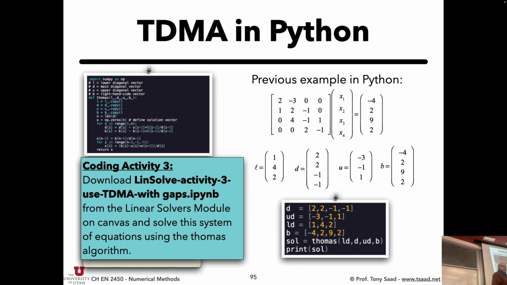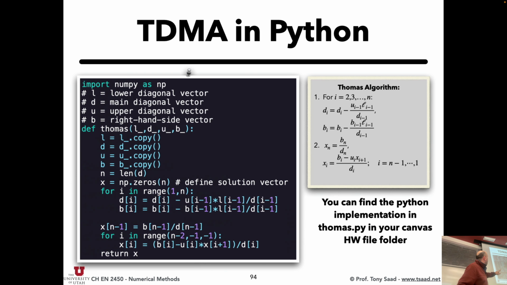Let me explain to you first what the Thomas subroutine takes. The way I think about programming when I want to create a subroutine is what inputs do I need and what do I need to return. At a minimum, the Thomas algorithm needs the 3 main diagonals and the right-hand side. You could say, well, Professor Saad, I want to pass the matrix.